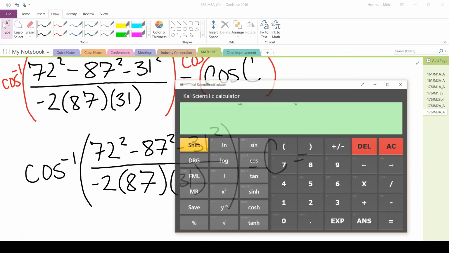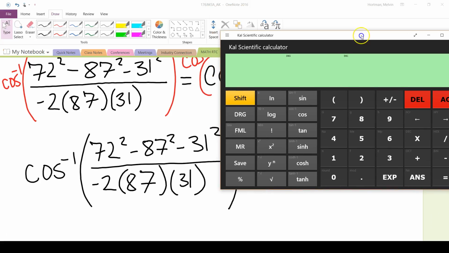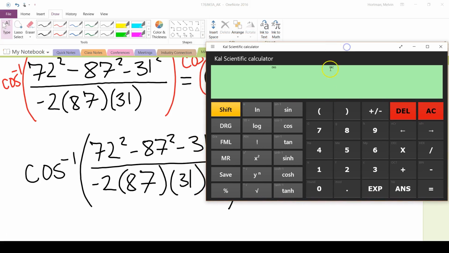So first up is 72 squared. That's 5,184 minus 87 squared. And I already get a negative number because 87 is obviously larger than 72.